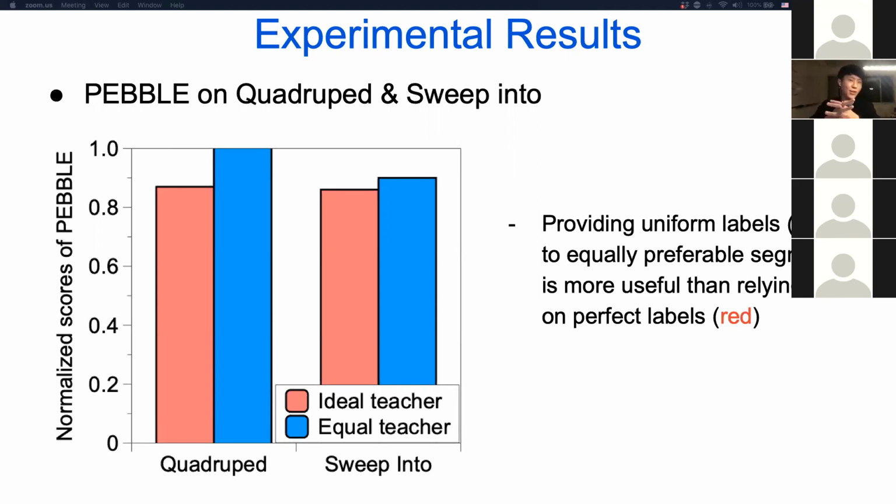I would say it is hard to say something about that, because depending on who the human is, the trend is very different, and we cannot guarantee whether some types of simulated teacher are indeed close to the real human. But we just want to use this framework to make a very robust preference-based reinforcement learning method, which is robust to different types of teachers.